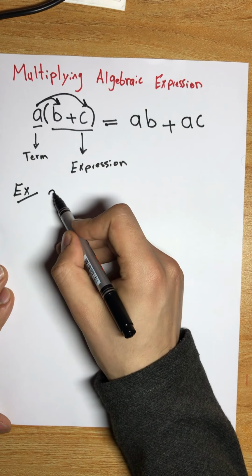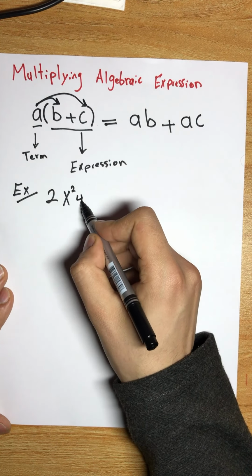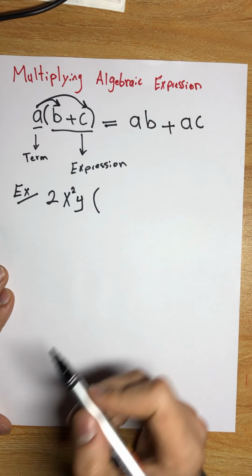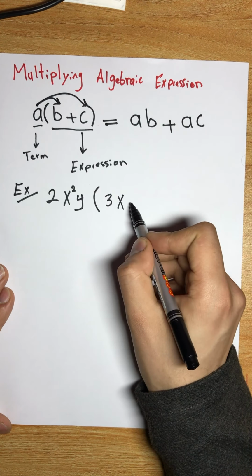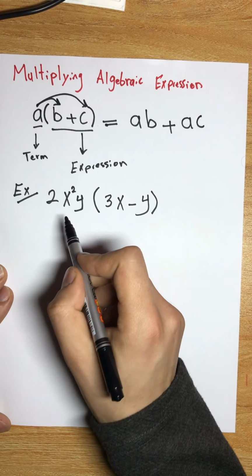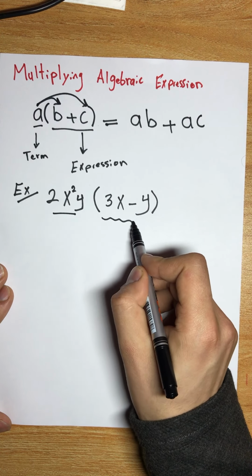Let's say that we have 2x squared y, all multiplied by 3x minus y. Okay, now we have to multiply this term by this expression.